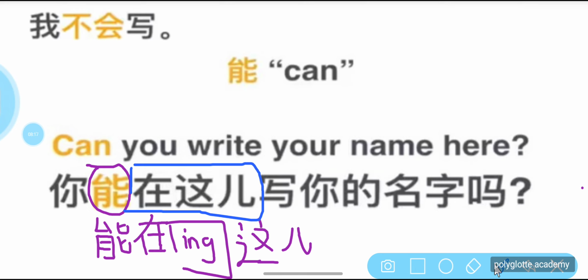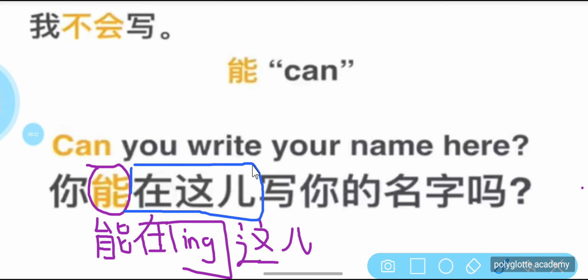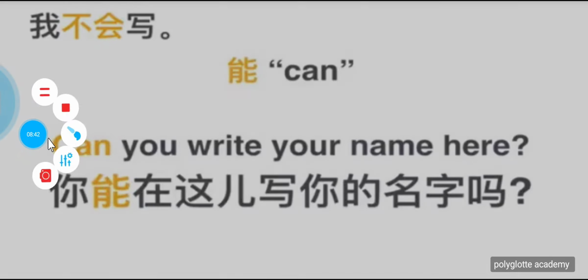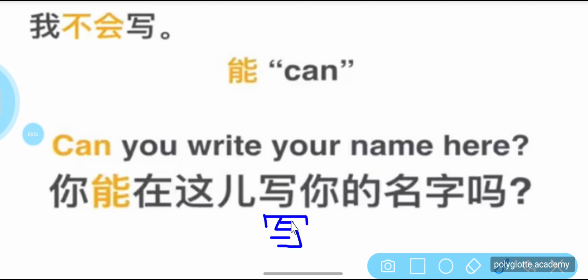The next character we are going to see here is the character 写. This character here is 写, which is to write.